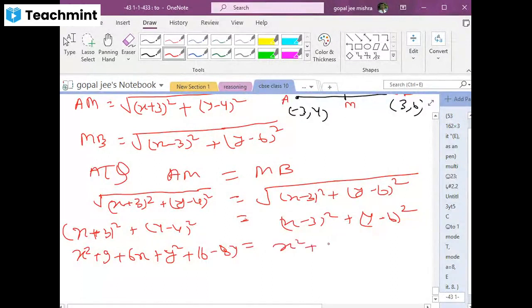Here you will get x square plus 9 minus 6x plus y square plus 36 minus 12y. Okay. x square is lying on both sides, y square is lying on both sides. This will be cancelled. And any other thing we are left with? Yes, 9 is also cancelled.